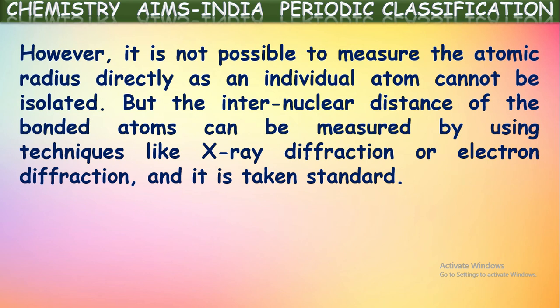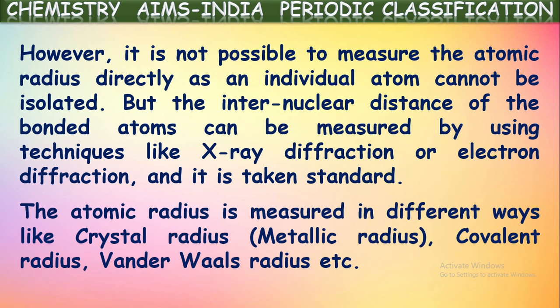This can be taken as a standard for calculating atomic radii. The atomic radius is measured in different ways like crystal radius, covalent radius, and van der Waals radius.